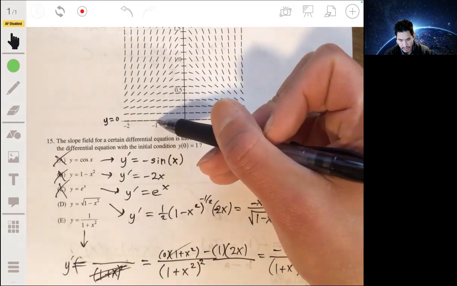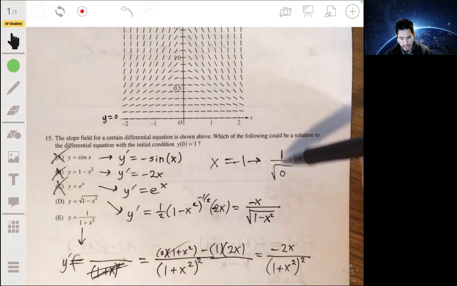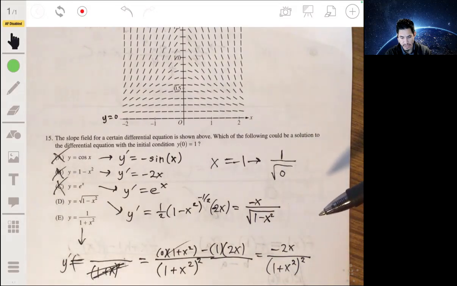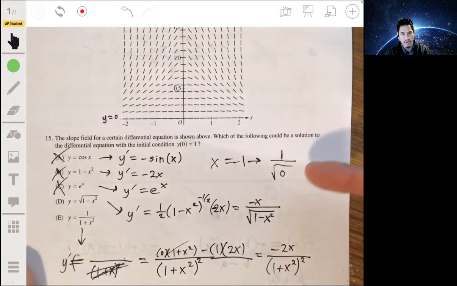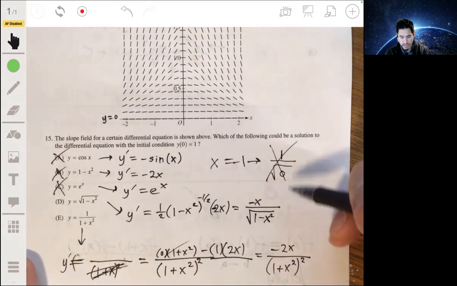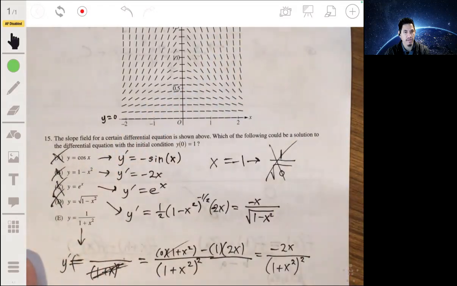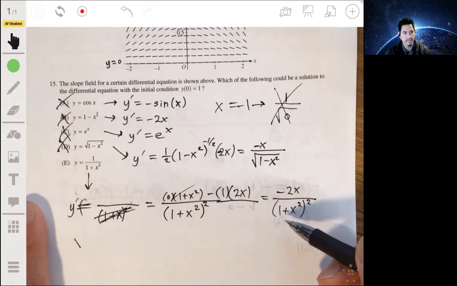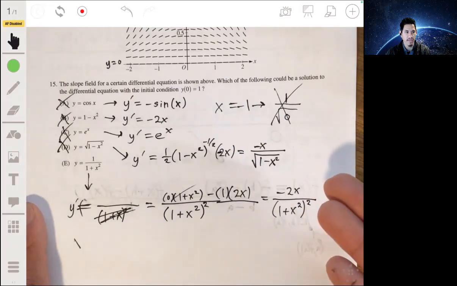And that's not defined. This is an undefined value, or this is infinity. So this wouldn't even work. So D gets eliminated right away, actually. And then by elimination, you know it's going to be E.